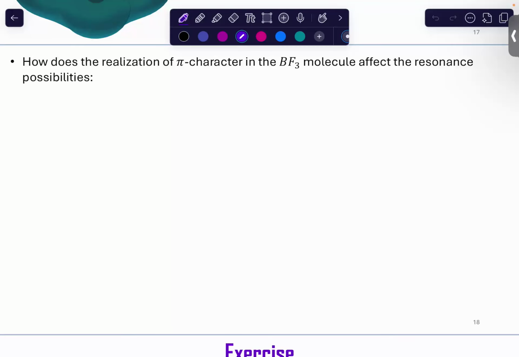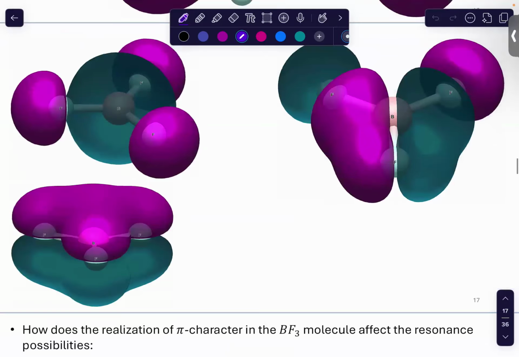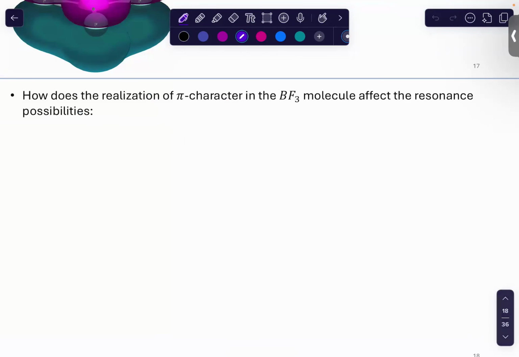So let's see, last time we noticed that there was actually pi character in this trigonal planar molecule. So the question becomes, how does that affect how we look at the resonance structures? Okay. So if I take BF3, that's definitely one of my structures.